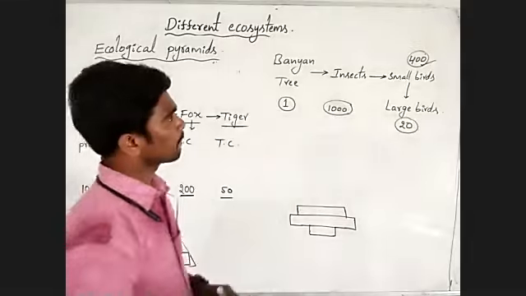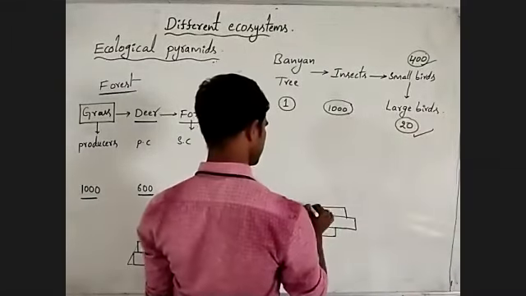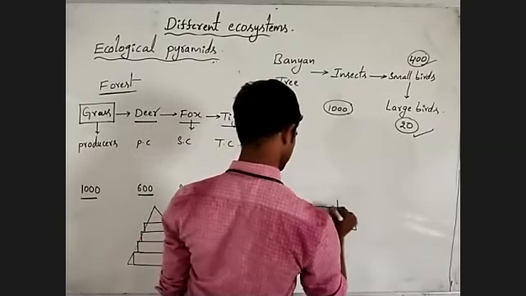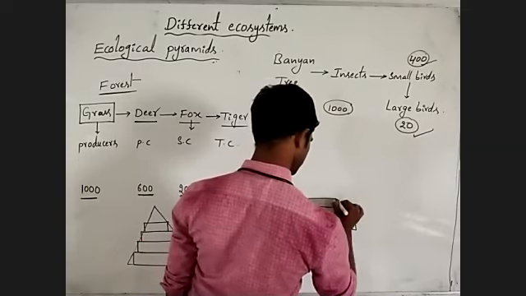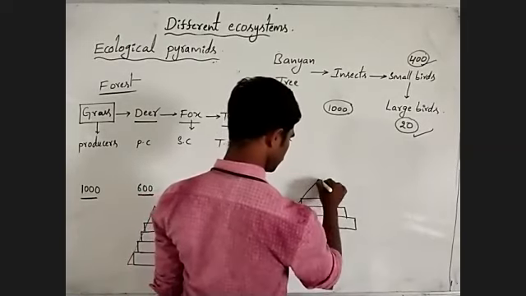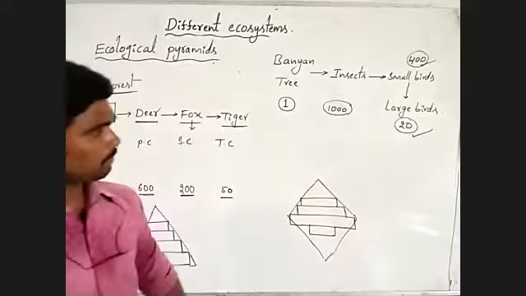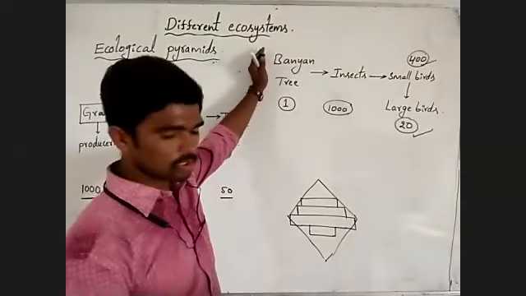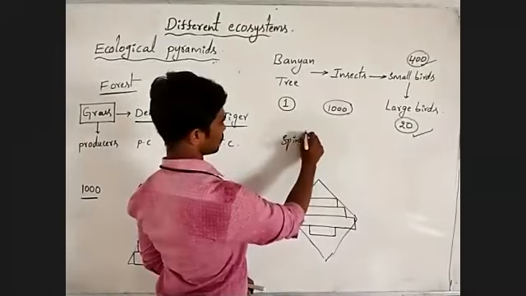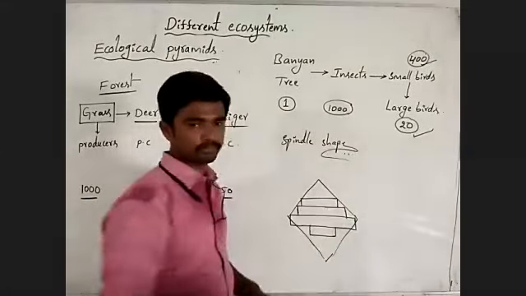Next, large birds just 20, which is again smaller. Observe, this is spindle shaped. The pyramid of number in this situation is spindle shaped.